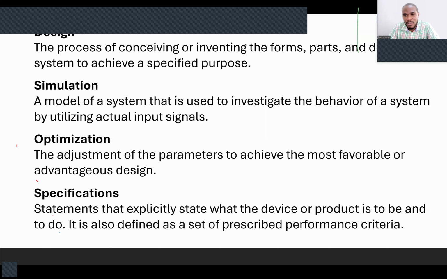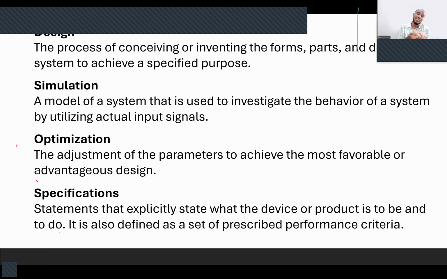Last definitions. When we talk about design, we're saying that process where you are conceiving and inventing all the forms, all the parts, all the various aspects of your system as you want it to achieve a certain purpose. When we want to simulate, we are trying to create a model.